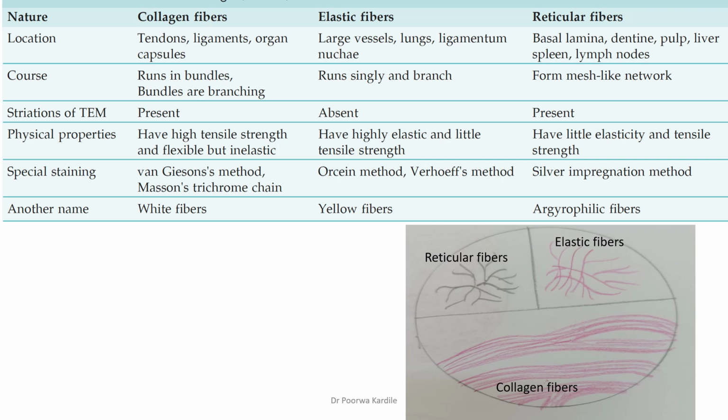And we use special stains to visualize these fibers. And if we see its properties, the collagen fibers have high tensile strength, the elastic fibers are highly elastic, and the reticular fibers have low amount of elasticity as well as tensile strength.